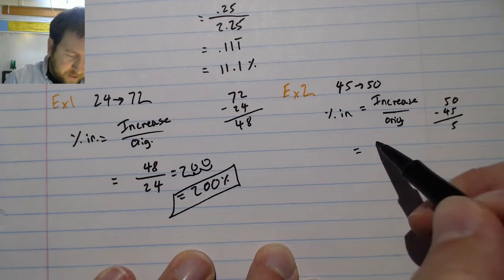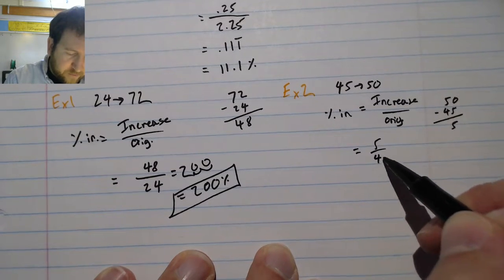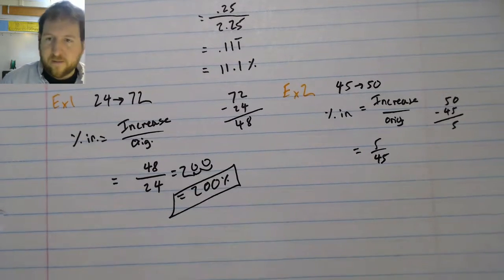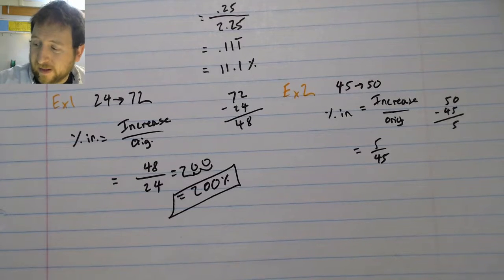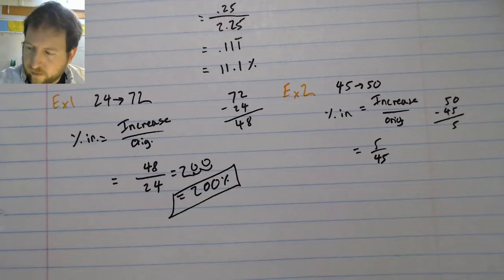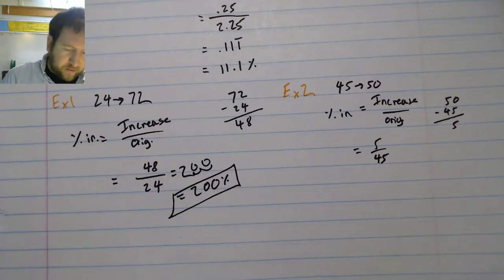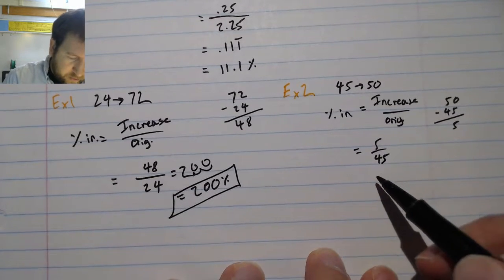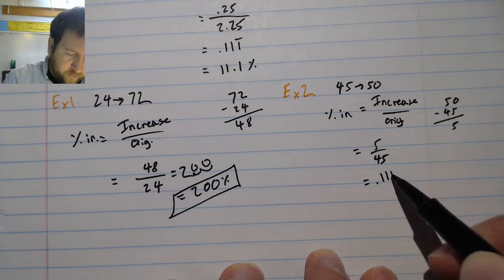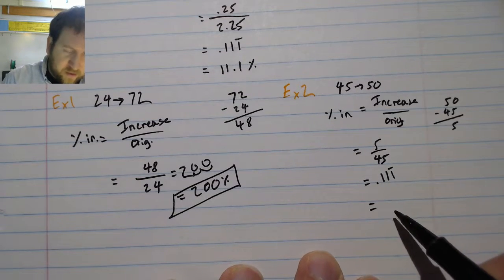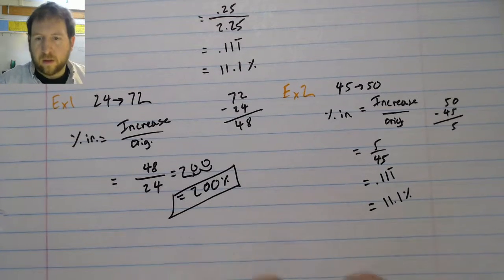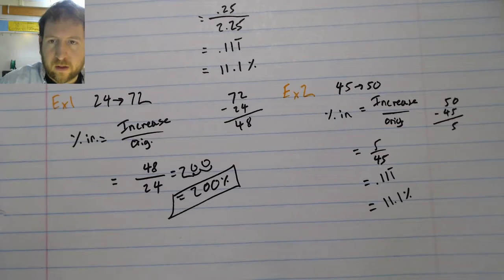It's going to give me 5. 5 over 45. 45 is the original that I had. 5 divided by 45 is probably going to be 1/9. Is that right? So 5 over 45 is going to give me this same number from earlier. Interesting. 0.111 repeating, which if I turn into a percent, I can write 11.1%. Works for me.